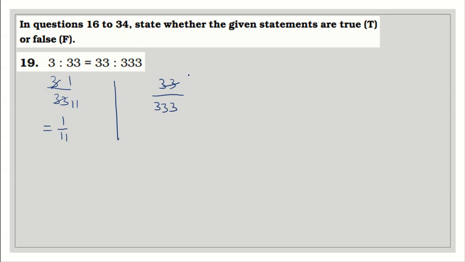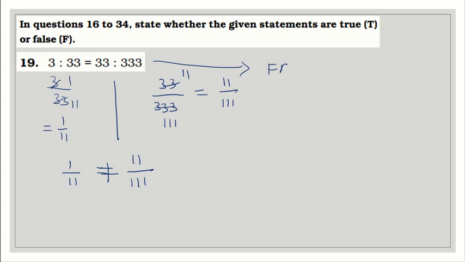It won't go with 11, it just goes with 3 only. 3 11s are 33, 3 111s are 333. It means 11 upon 111. Are these two equal? Certainly no. So 1 by 11 is not equal to 11 by 111. That means what they said, that they are equal, we will not agree. It is clearly false.